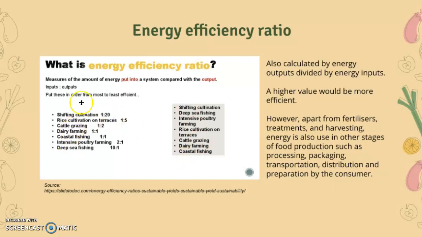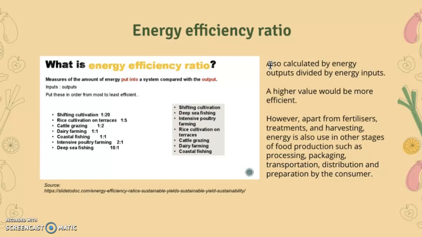So it's basically this idea of these ratios of inputs to outputs. Okay, so it is also calculated by outputs divided by energy inputs. Higher values are more efficient in this case.